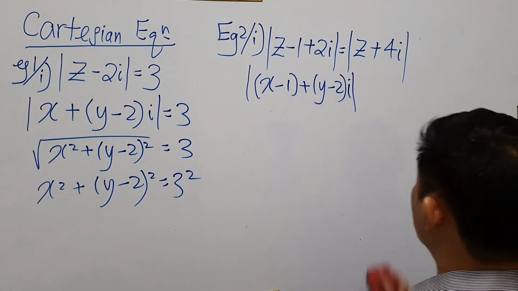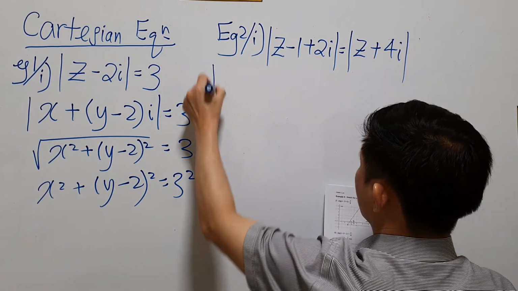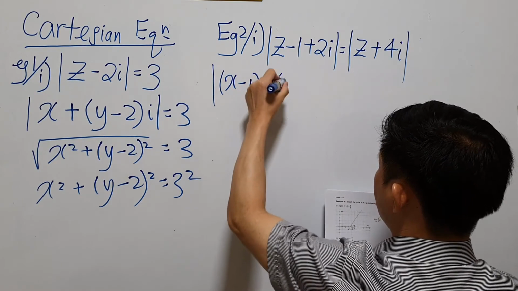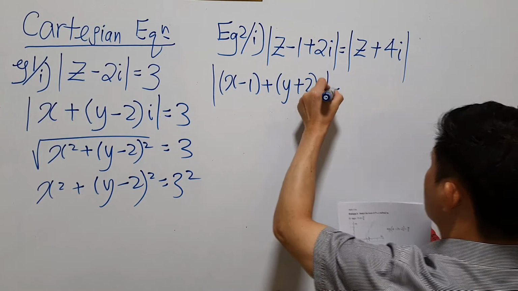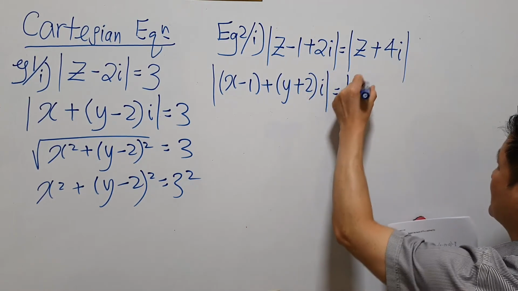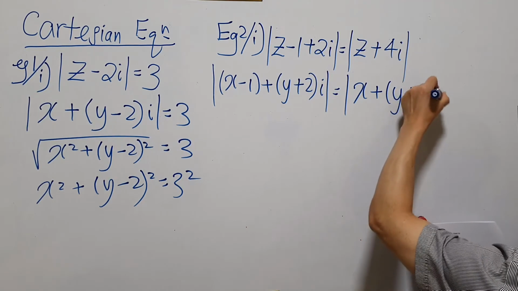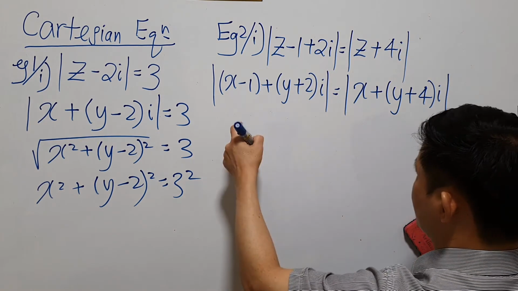Okay, let me write more carefully. Okay, just write them more carefully. This can be |x minus 1| is equals to |z plus 4i|. Right, so I have just replaced the z as x plus iy, and to find the modulus of a complex number, the same thing.